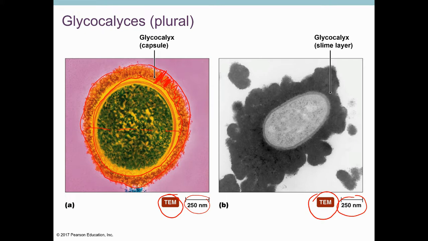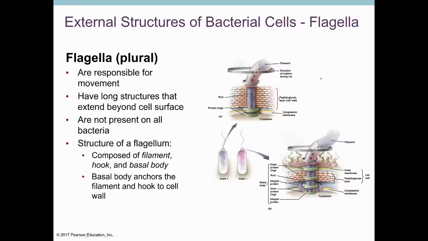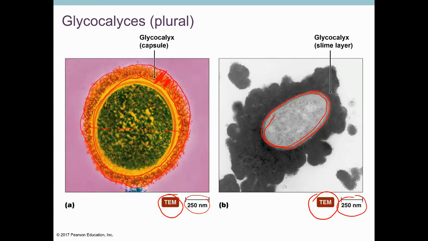For this cell on the right, here's the cell. You can see the cell wall here, cell membrane. And then outside of that, this whole bit is the slime layer, and it's sort of fallen off a little bit. You can see little chunks of it. So it's a much looser, stickier layer of material. But in general, we're just going to see roughly the difference between them.